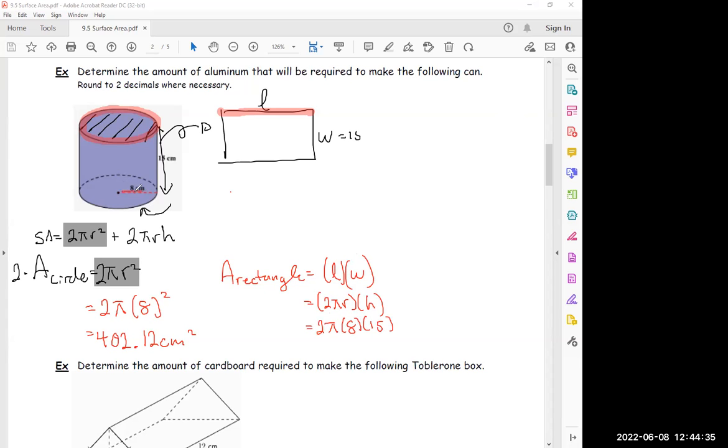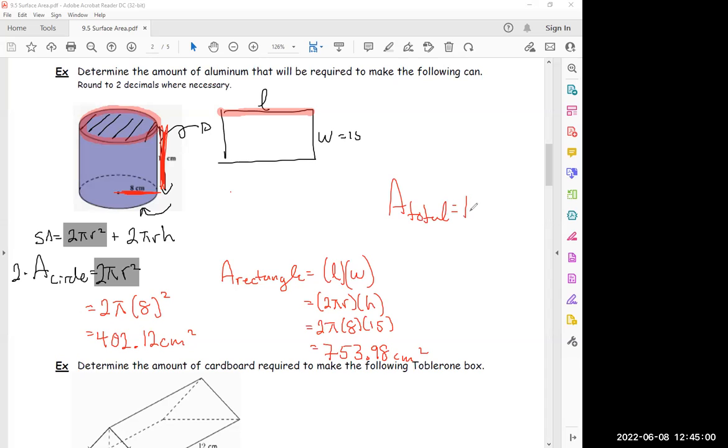R is 8. H is 15. And if you plug it all in, I'll do the calculation for you. This is approximately 753.98 centimeters squared.